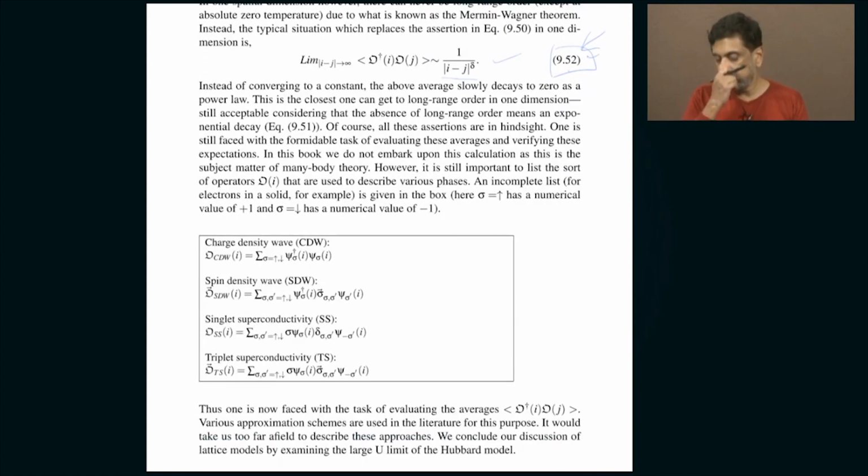Okay. So, I kept very mysteriously talking about order parameters or operators without telling you how to construct them. Here are some concrete examples of orders.